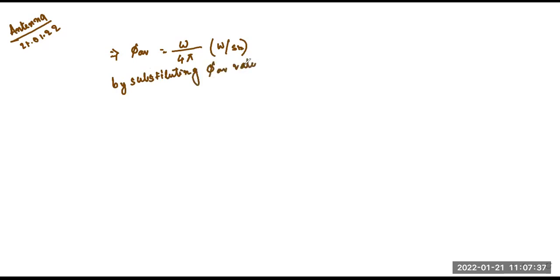That is phi average equals to W by 4 pi, watt by steradian. So by substituting the phi average value, what we'll get?